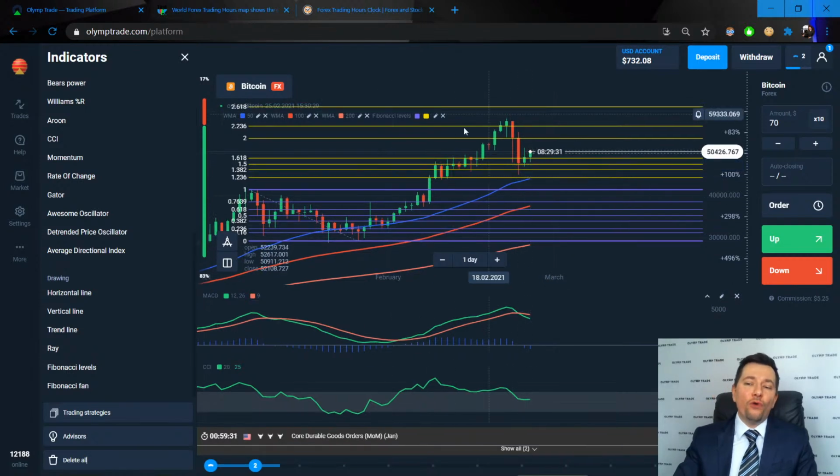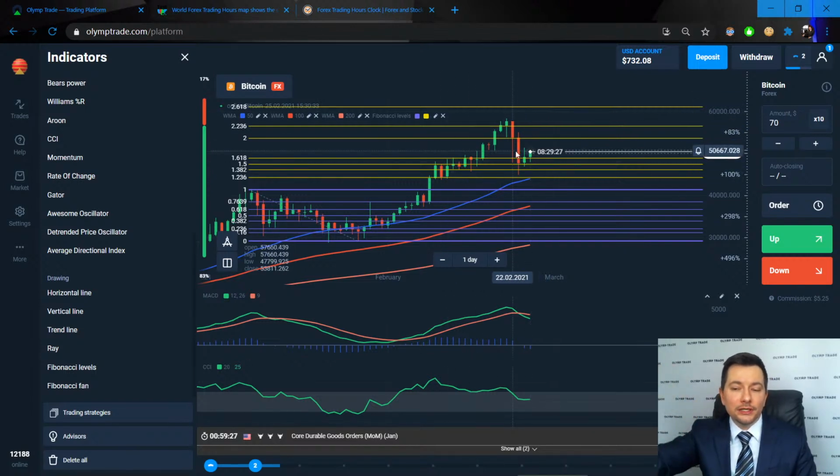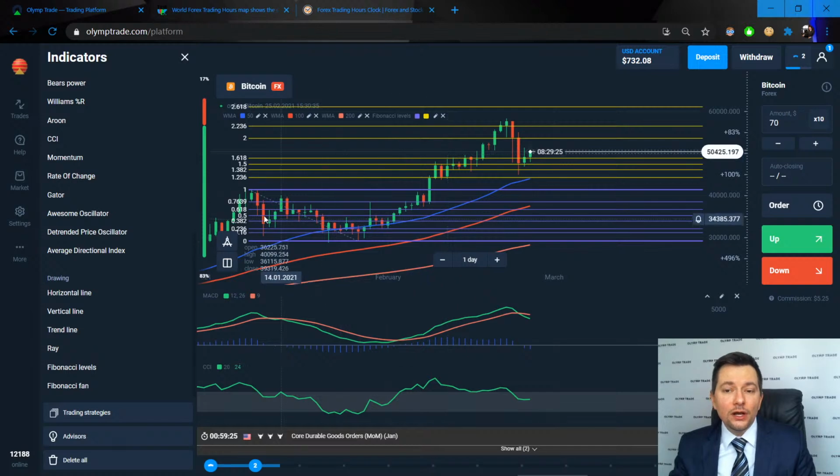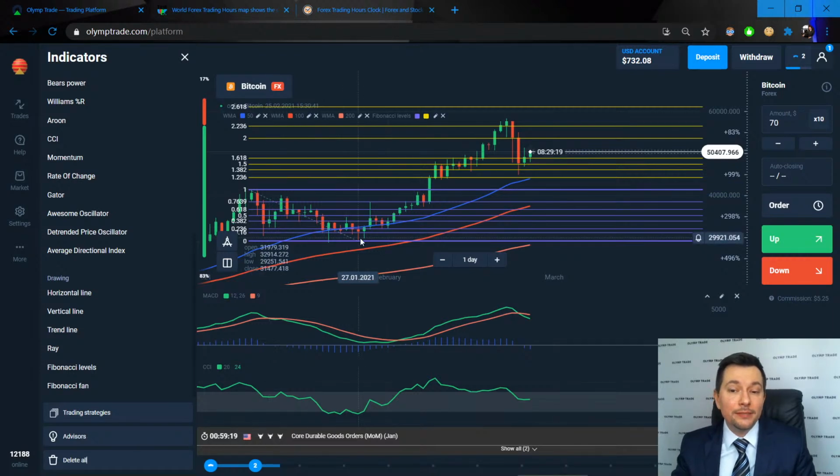So even before we had the tail end of the impulse going into the new year, if we measured the move of all of January until it bottomed out, drawing the Fibonacci level here would have given us the first target level right here, 61.8, and then the next level for the next take profit at 23.6%.